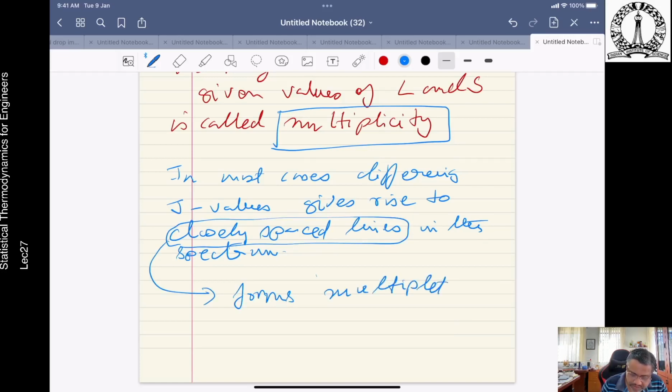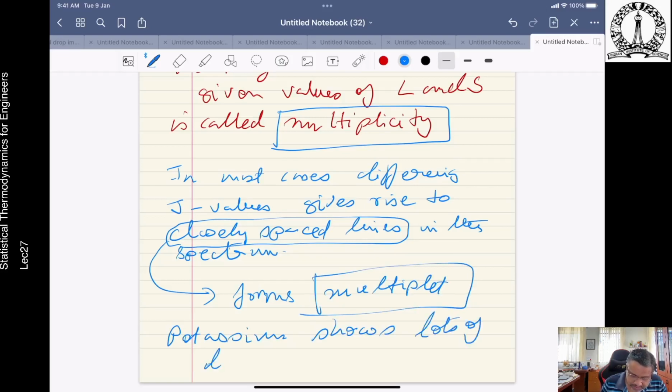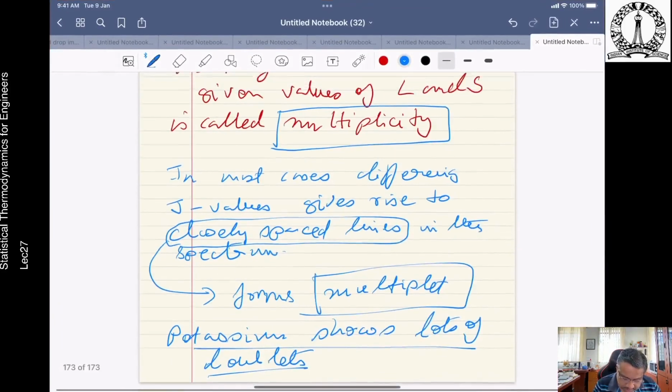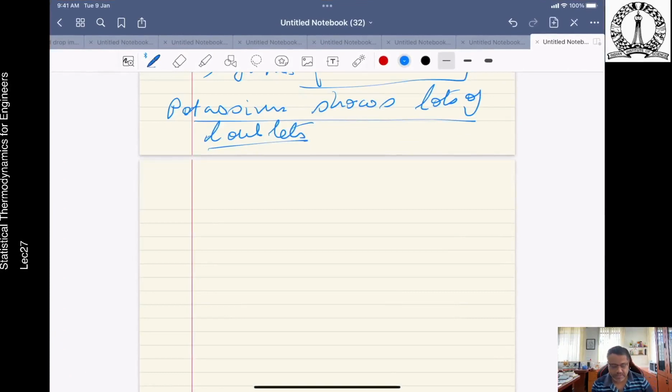So now you can understand that potassium shows lots of doublets. Similarly, there can be other atoms or molecules which show other kinds of multiplets as well. This is the first thing that we have done.